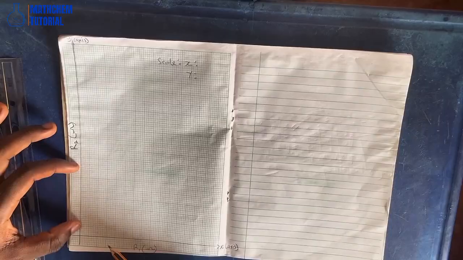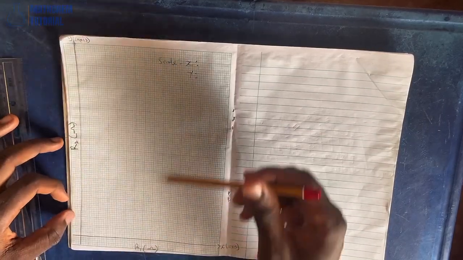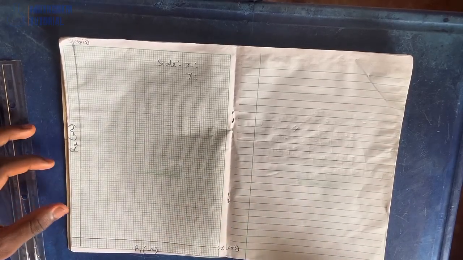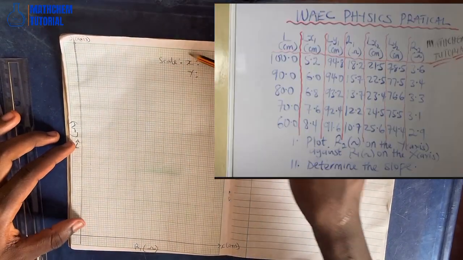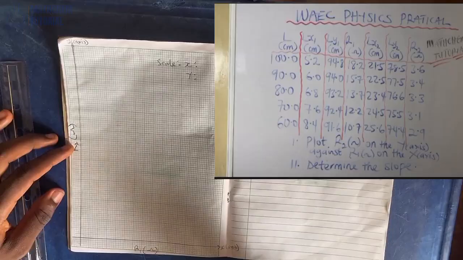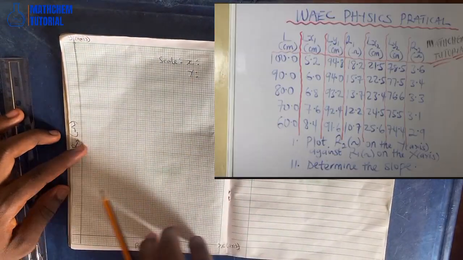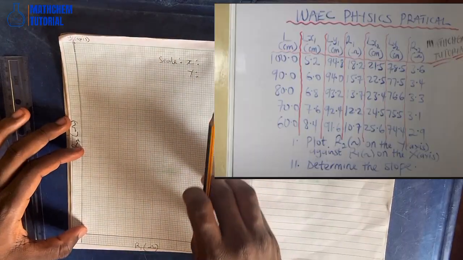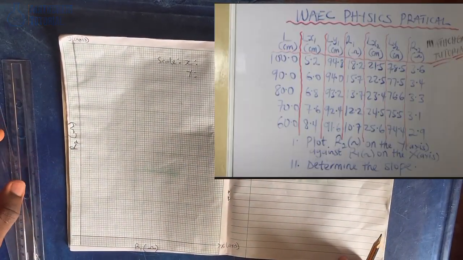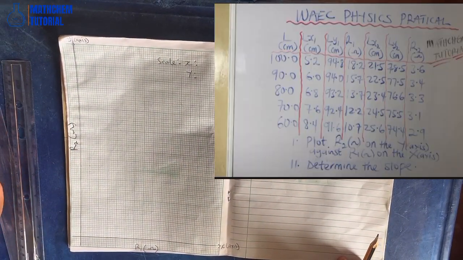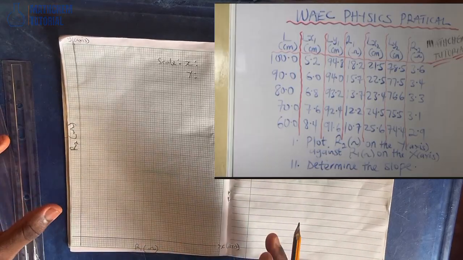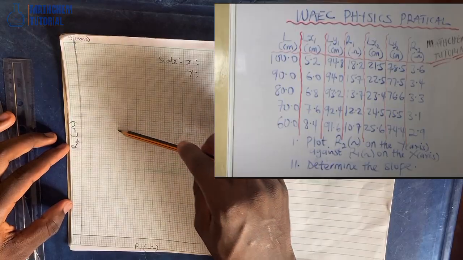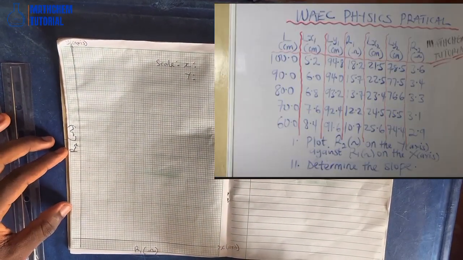If you divide the graph into 4 equal parts, the plotted graph should cover at least 3 out of the 4. But if you take a scale whereby after plotting, the graph will not pass more than this place, that means you have done it wrongly.